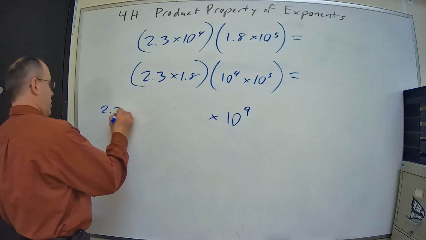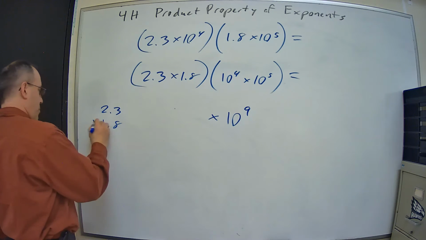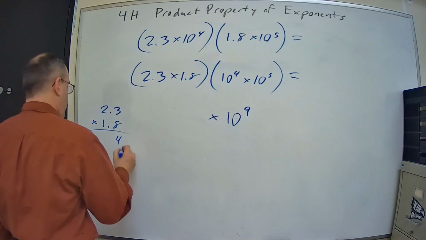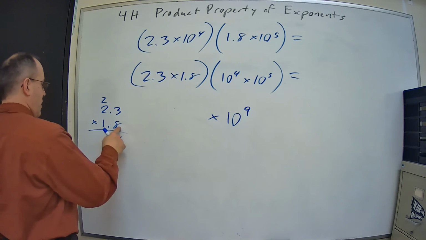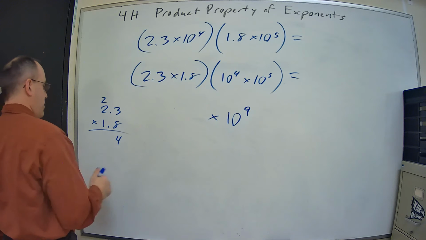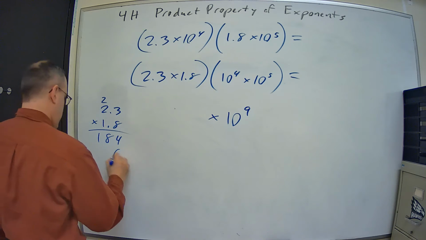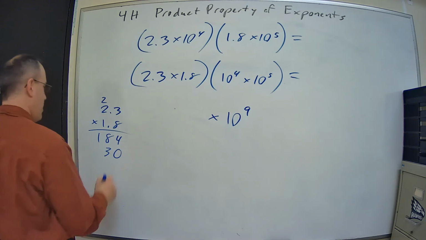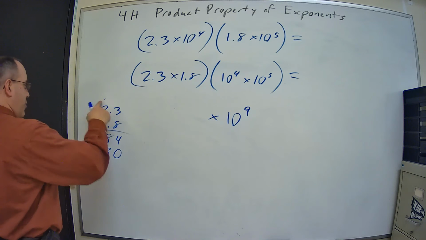Well, 2.3 times 1.8, we can do that multiplication, right? 8 times 3 is 24. 2. 8 times 2 is 16, plus 2 is 18. Put a 0 placeholder in there. 1 times 3 is 3. 1 times 2, we can get that out of the way, is 2.